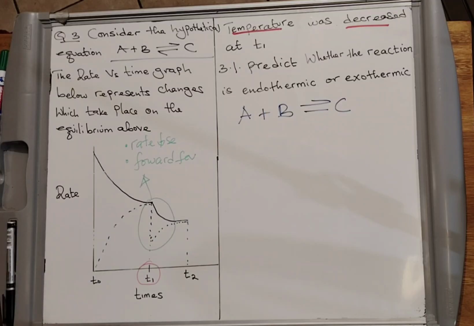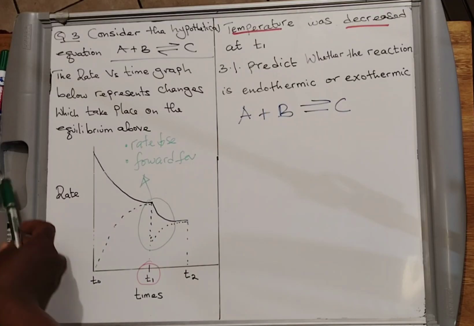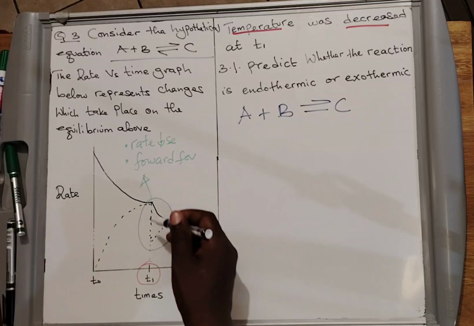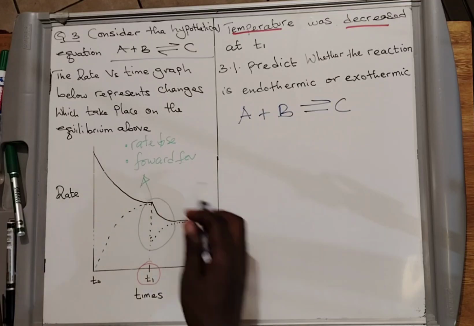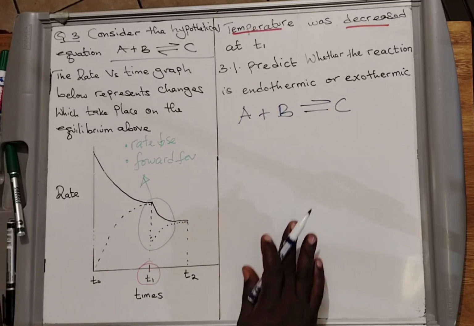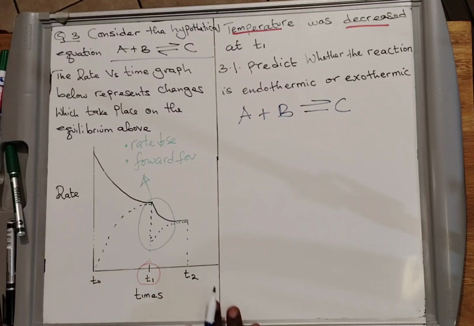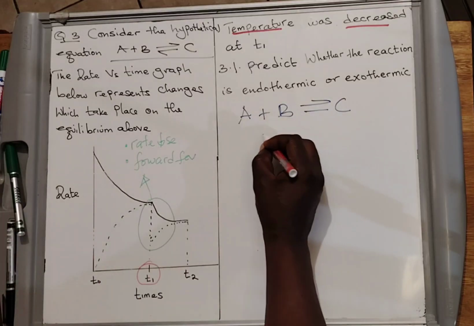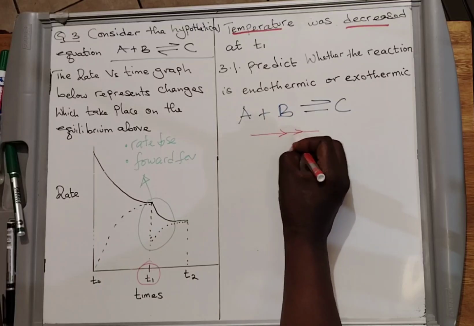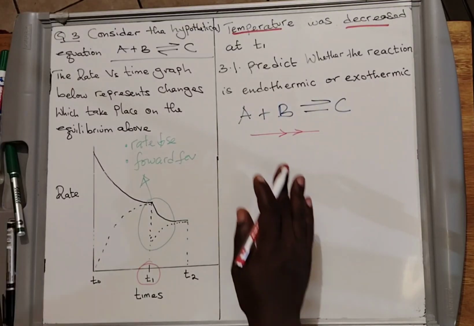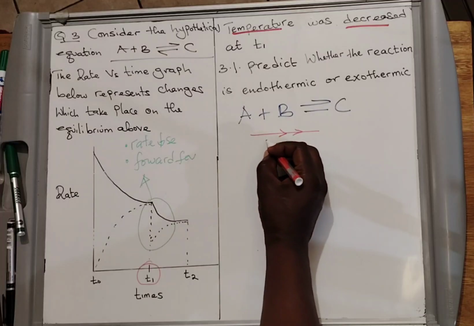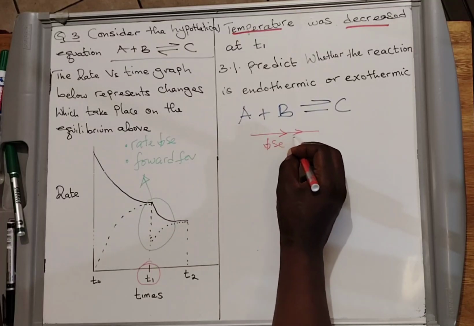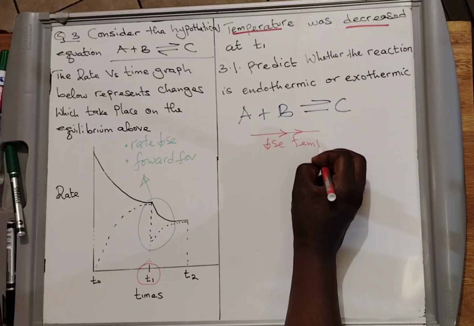Okay, we need to know that whatever is on top here is the one which is favored. So in this case, when temperature was decreased, forward was favored. So what do you do? You go to our equation. This is our forward. And our forward is favored by decrease in what? In temperature.